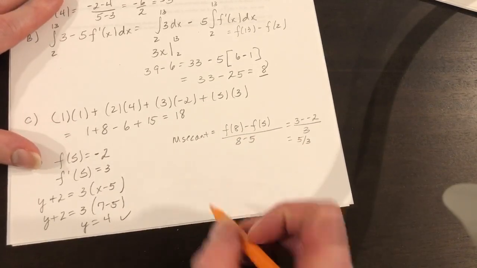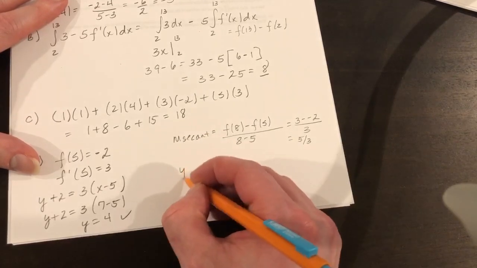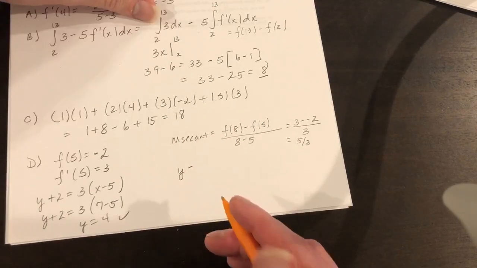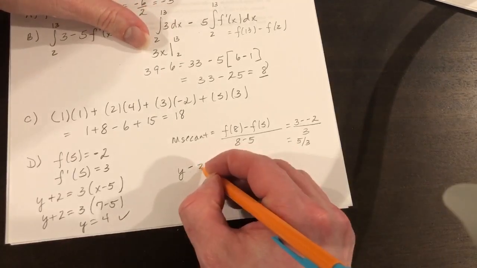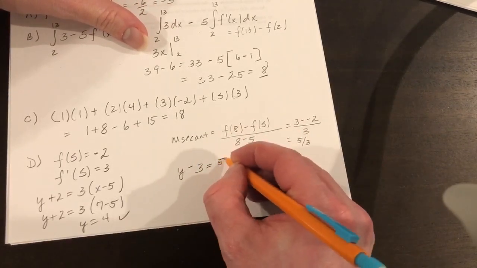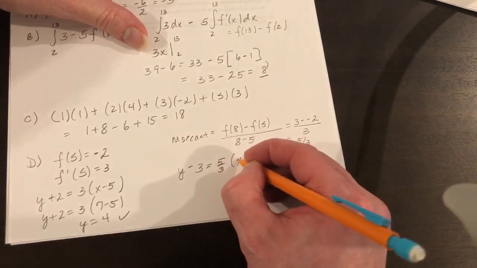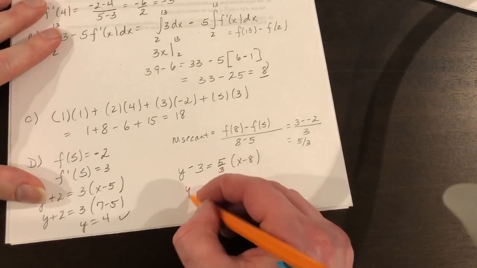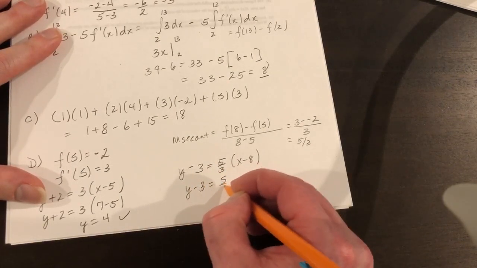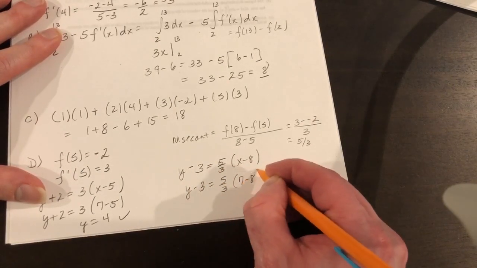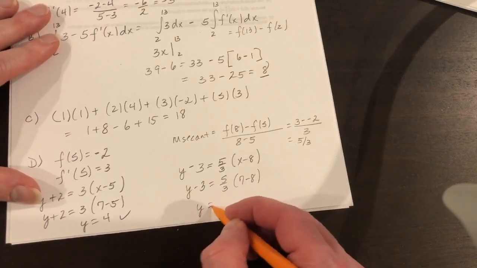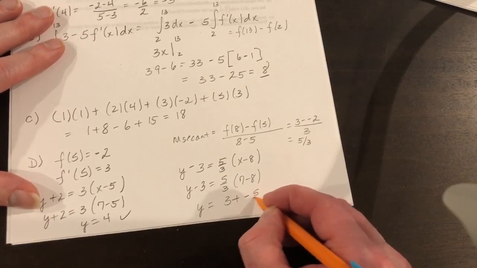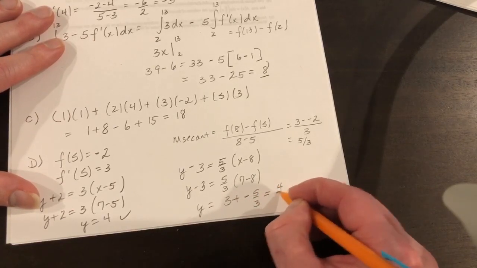And your secant line is y minus, you can use either point, I'm going to use the one that has the positives, so y minus 3 is equal to 5/3 times x minus 8. And I'm going to plug in a 7. So y is equal to 3 plus a negative 5/3, which comes out to be 4/3.